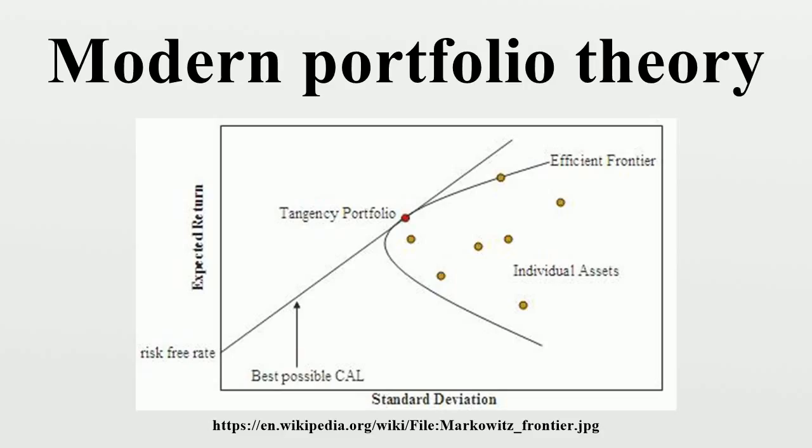MPT was developed in the 1950s through the early 1970s and was considered an important advance in the mathematical modeling of finance. Since then, some theoretical and practical criticisms have been leveled against it.